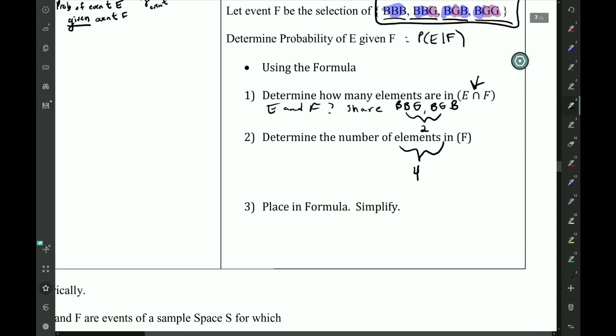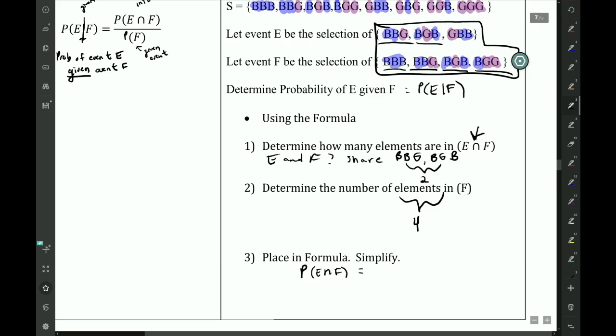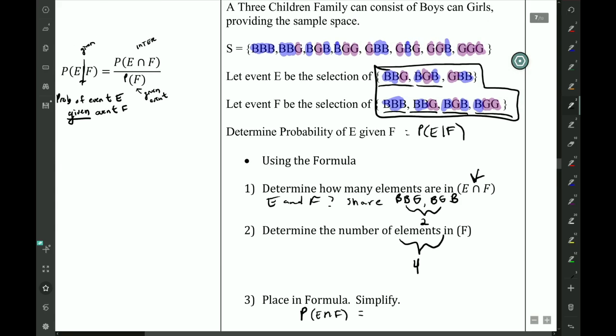And really here, it's the probability at the top, so the probability of the intersection, we say that is 2 out of all the events, so 1, 2, 3, 4, 5, 6, 7, 8.